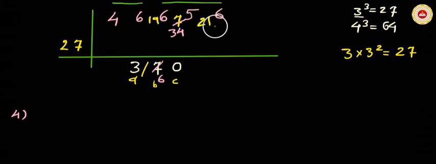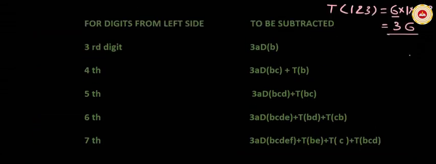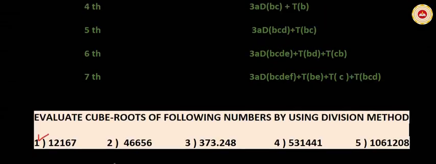Let us calculate the net dividend from this 216. 216 minus, now what is to be subtracted? To calculate the fourth digit in the cube root from the left side, for the fourth digit, 3A duplex of BC plus triplex of B. 3A duplex of BC.